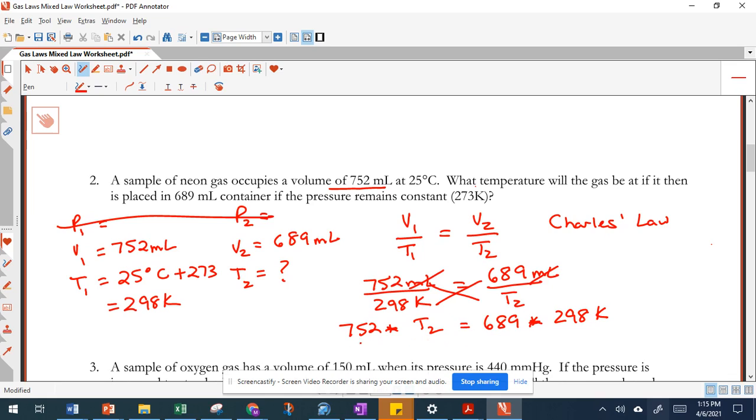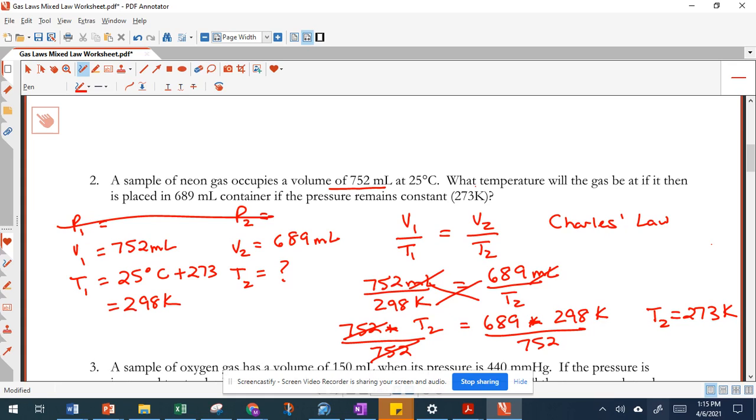So now to get T2 by itself, we're going to divide each side by 752. When we solve for T2, we get 689 times 298, divided by 752, and that gives us T2 is equal to 273 Kelvin.